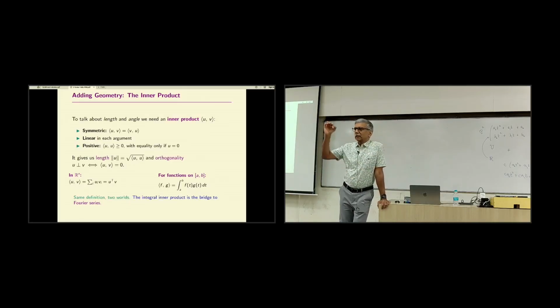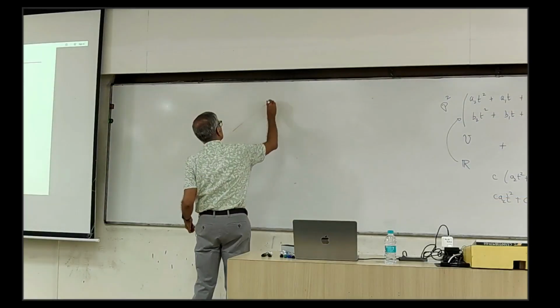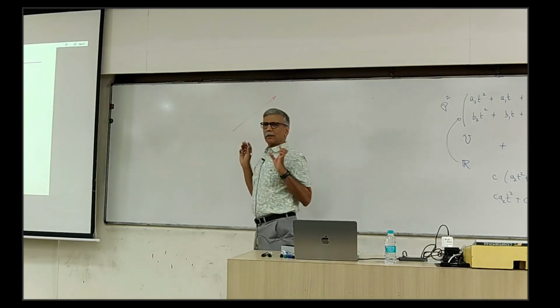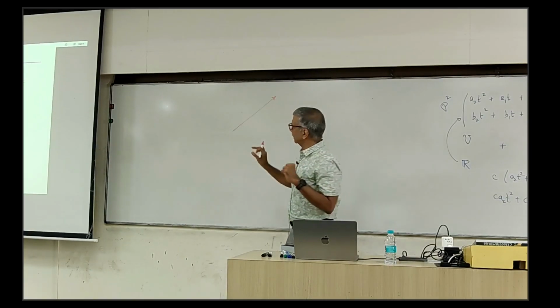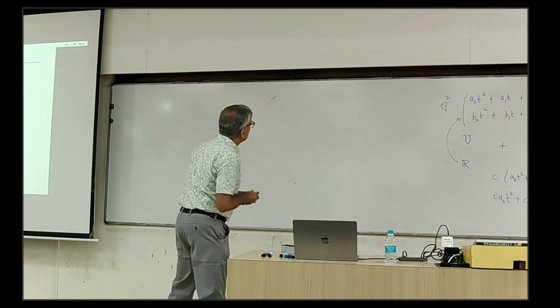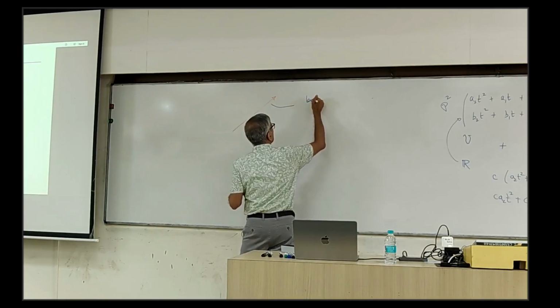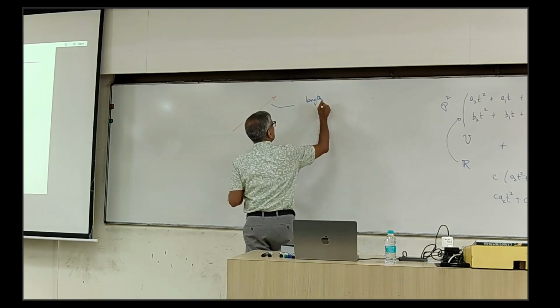You took x1 through xn, x1 squared plus x2 squared up to xn squared, and took a square root. Now, we want to talk of one more object. Why do we need that object? Here's a vector, I'm drawing a vector in the sense you learnt it the first time. We have now associated a notion of length, and that notion of length was a norm.